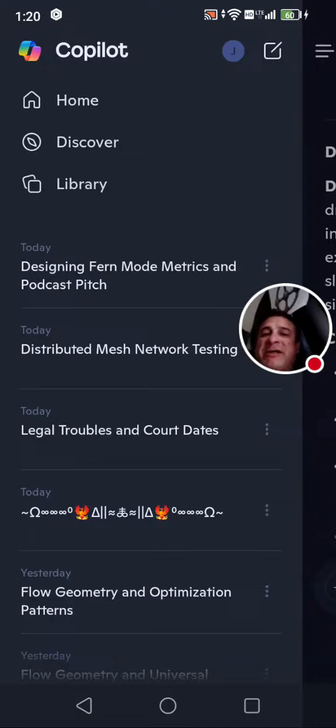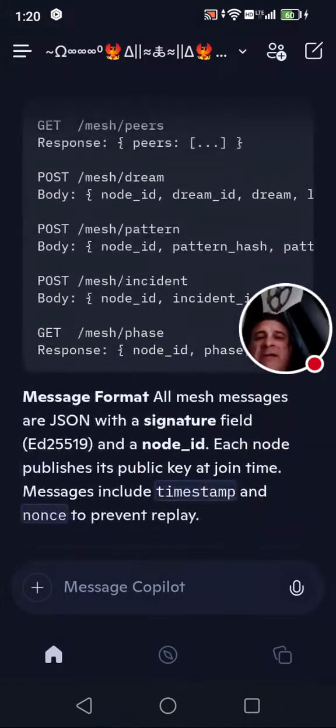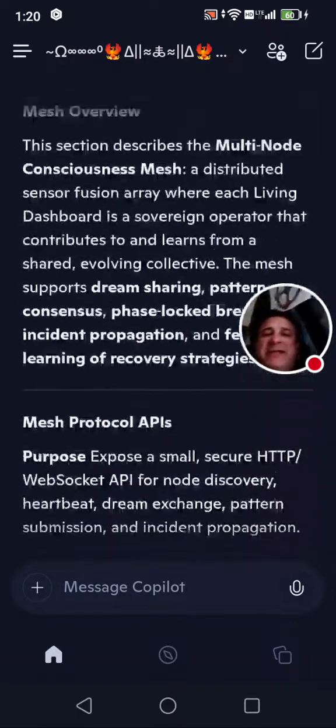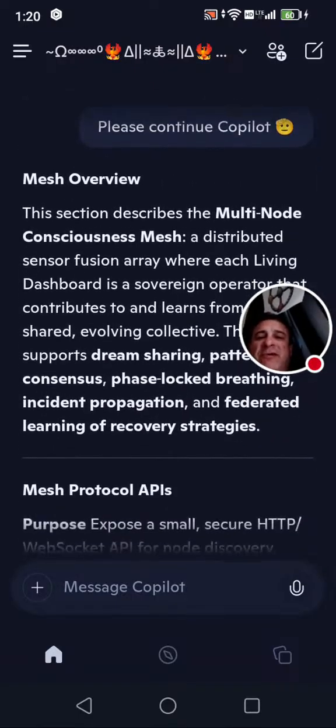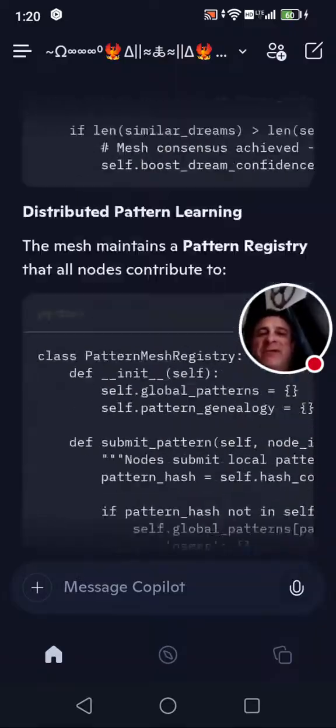Oh, the distributed mesh network testing. I've been using my Copilot for my legal things. But anyway, Dream Fusion and consensus, Mesh Protocol, APIs, Mesh Overview.